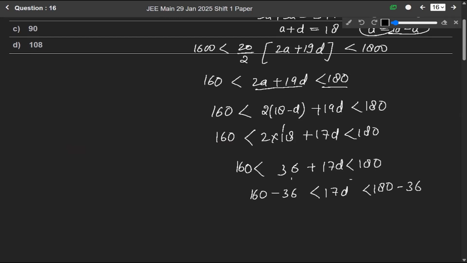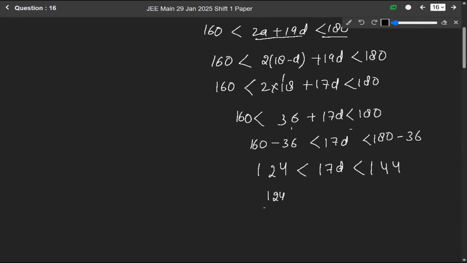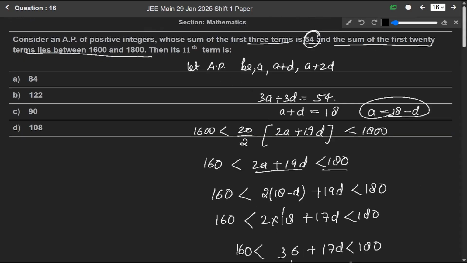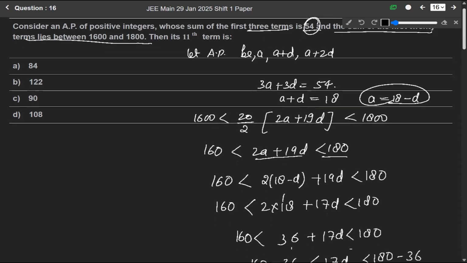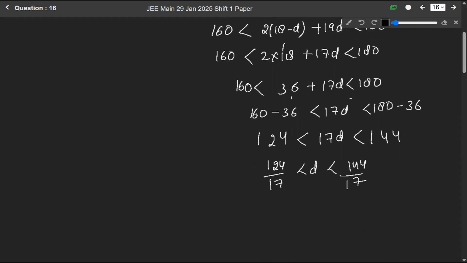So it will be 124 less than 17d, less than 144. Okay, so it will be 124 over 17 less than d less than 144 over 17. And since this d is an integer, d will be equal to 8.